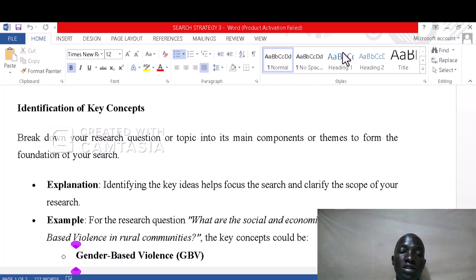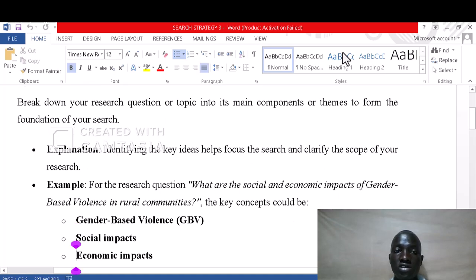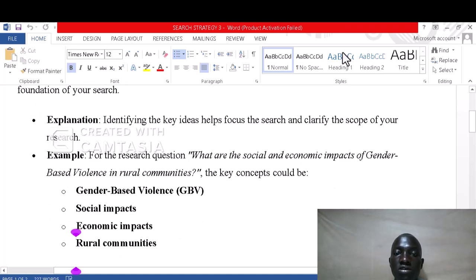Like here, they are saying you follow the same components. You start by identifying your key concepts. This is to break down your research question or topic into its main components or themes to form the foundation of your research. Identifying the key concepts helps you focus the research and clarify its scope.